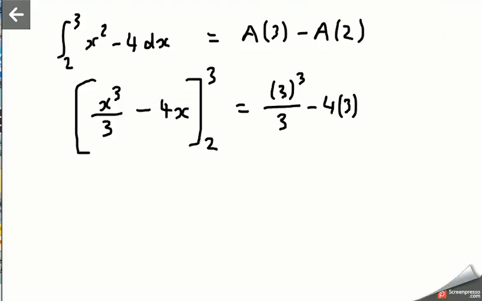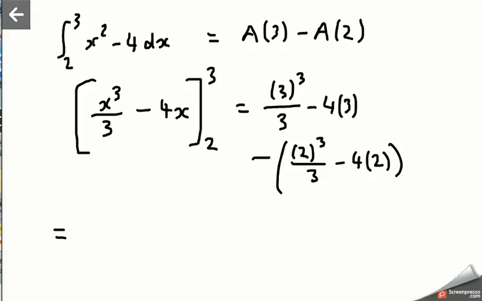And now we go minus, I'll do it down here, minus, and then we do exactly the same thing except we put 2 instead of x. So we get 2 to the power of 3 divided by 3 minus 4 times 2.